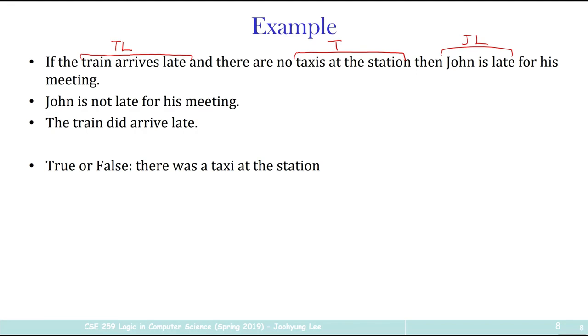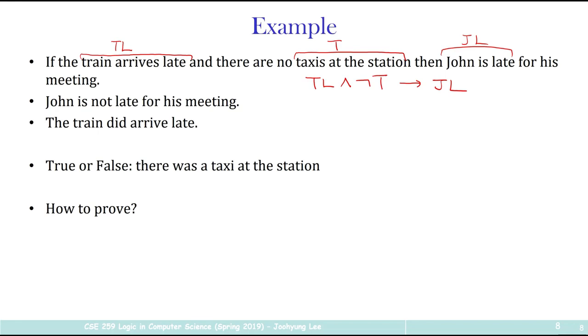The first sentence is saying the train arrives late and there is no taxi at the station, meaning the negation of T, then John is late for his meeting. So the first sentence can be represented by this formula, right?